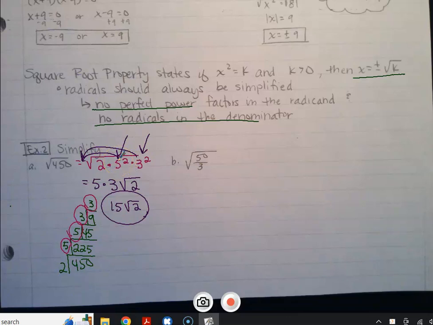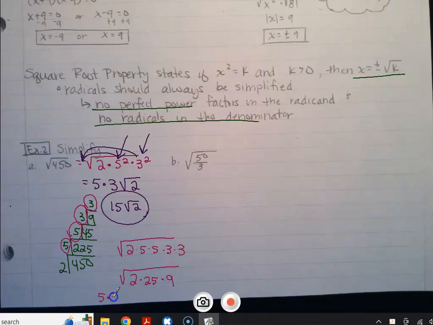So this would be, let me show you some other ways to look at this. We could look at this as 2 times 5 times 5 times 3 times 3. And because there's 2 of them, I can pull it out. Or we can look at it as 2 times 25 times 9. You don't know the square root of 2, but you do know the square root of 25 is 5, and you know the square root of 9 is 3.